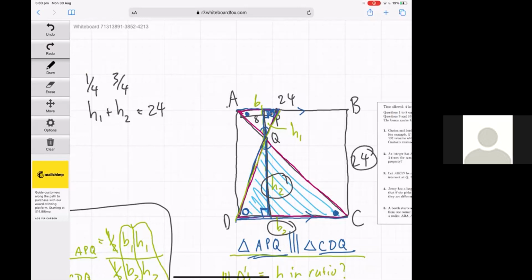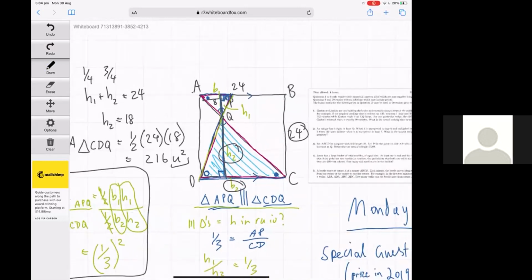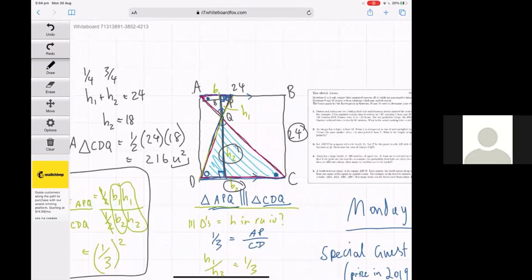So that means that H2 is equal to 18, which means that triangle CDQ has area equal to half times base times height, which is half times 24 times 18, which is 216 units squared. And that is our final answer.